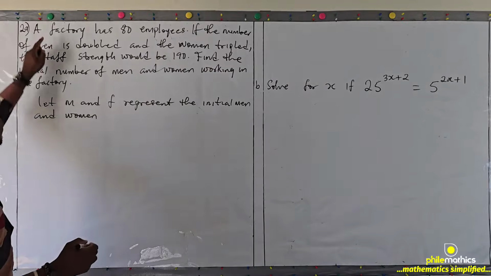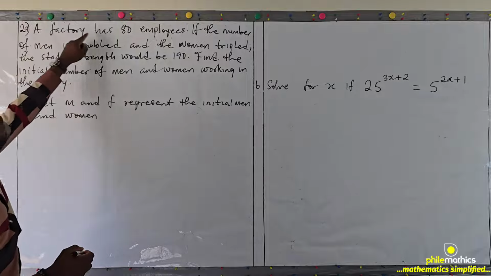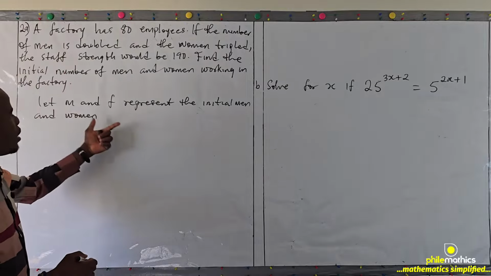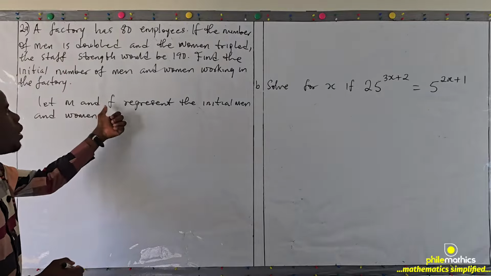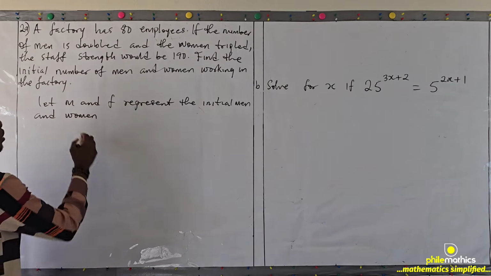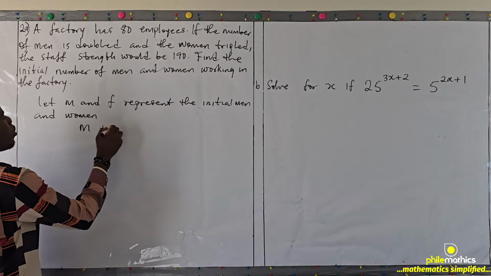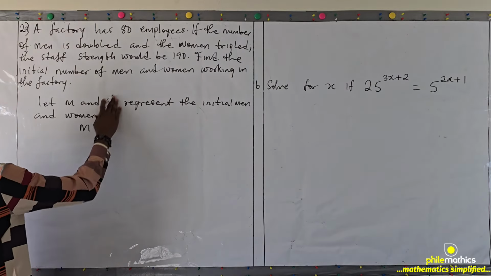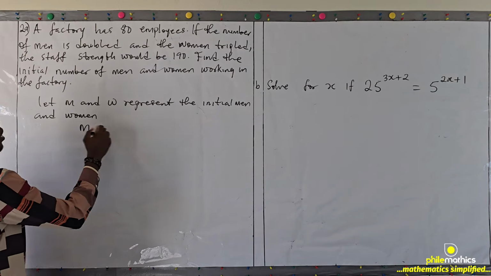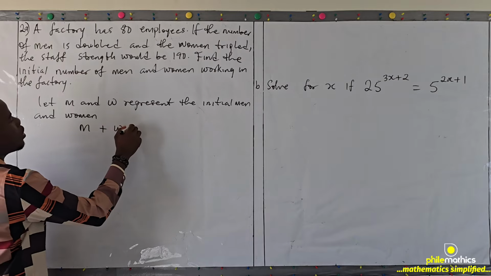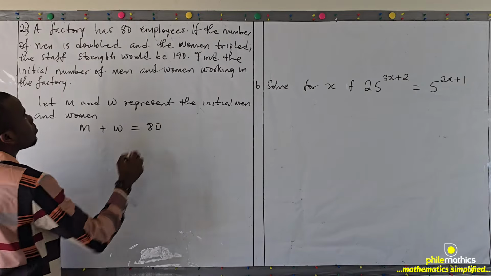And so from the first sentence, we are told that the factory has 80 employees. That is, the sum of these men and women will make up this 80. Men plus women equals 80.